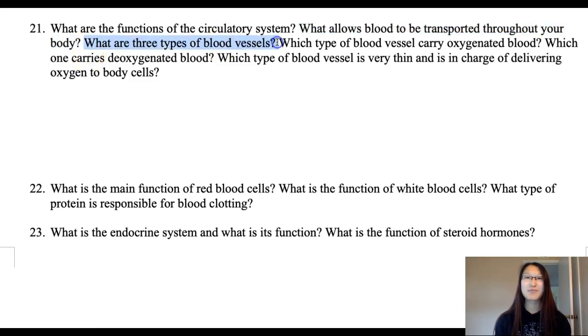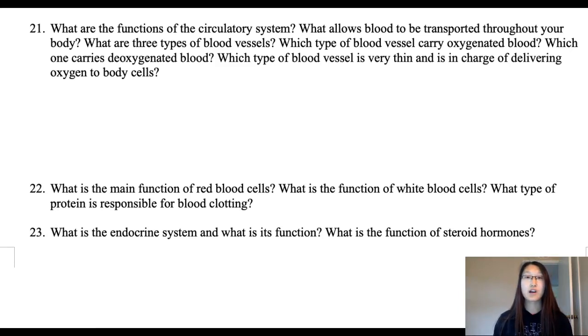What are the three types of blood vessel? You have the veins, artery, and the capillaries. Think about the heart. There are parts of the heart in your circulatory system that carry blood into the heart and parts that carry blood out of the heart. So the part that carries blood into the heart, the deoxygenated blood, is the veins.